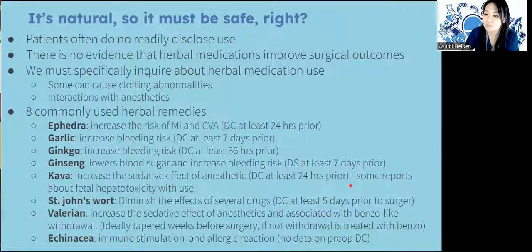And also some reports about fatal hepatotoxicity with use. So we give a lot of medication that is pretty heavy on liver elimination, so really be aware of that too. St. John's wort diminishes the effect of several drugs. So it needs to be discontinued at least 5 days before surgery.